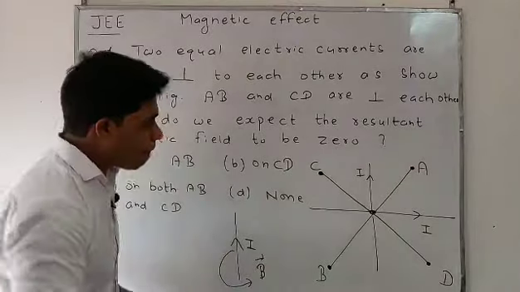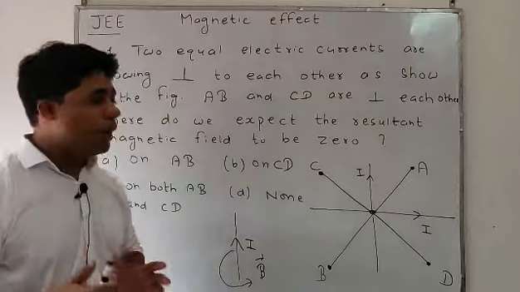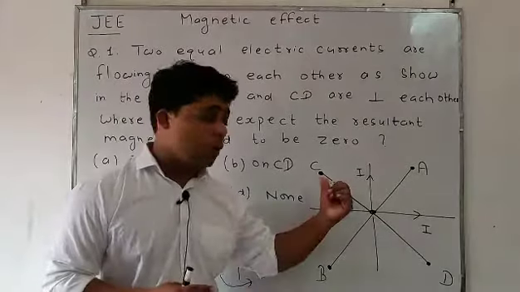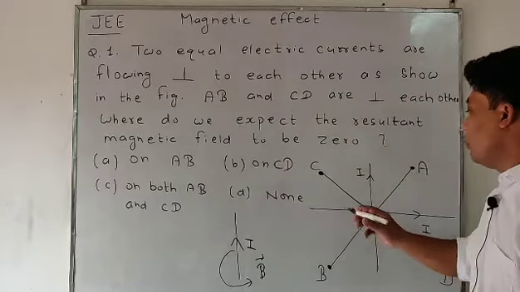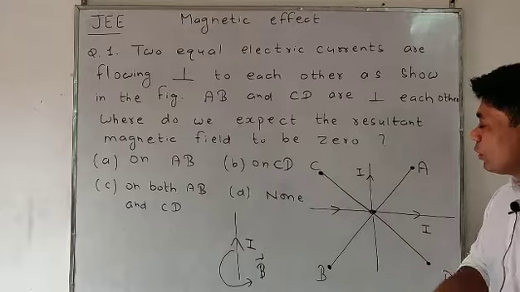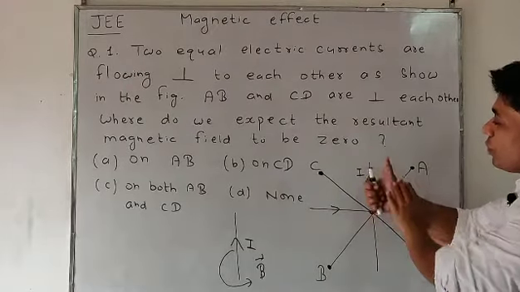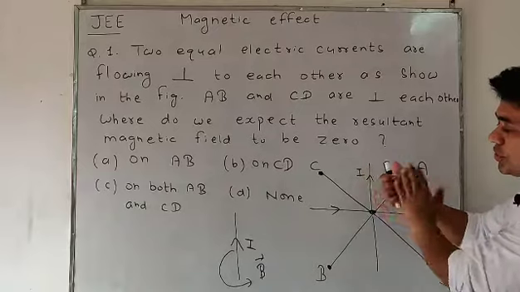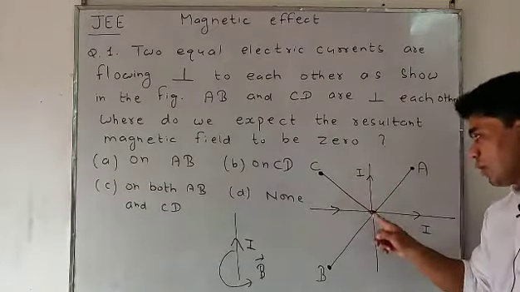How, students? First of all, I'm going to find it for point C. I'm going to apply the right hand thumb rule for point C. Look at students, point C lies between these two wires. When I apply the right hand thumb rule for this, current is moving upwards, so this is the magnetic field, outward for this wire.